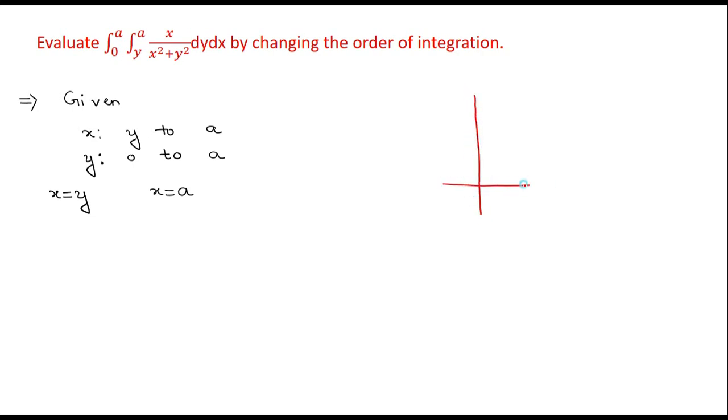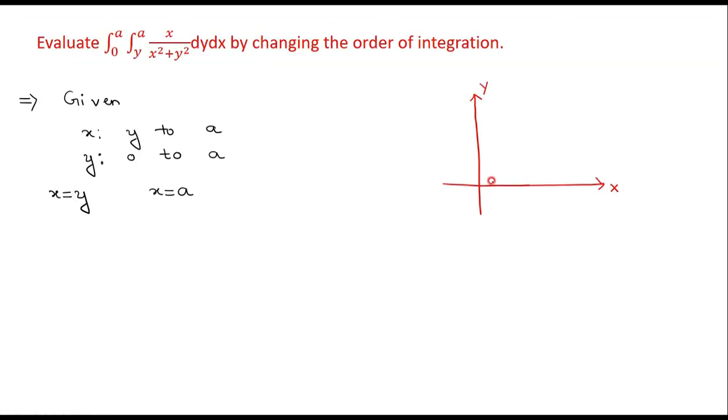So taking the coordinate axis, it is x, y axis. The line y is equal to x or x equal to y is a line passing through the origin. So the equation of this line is y is equal to x.